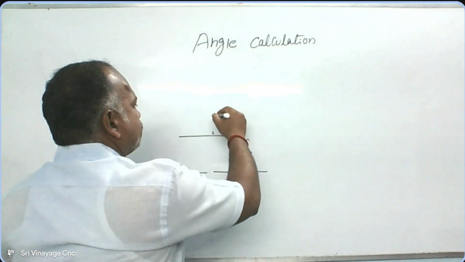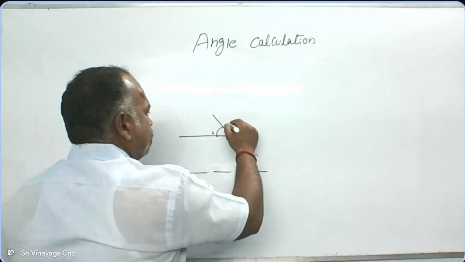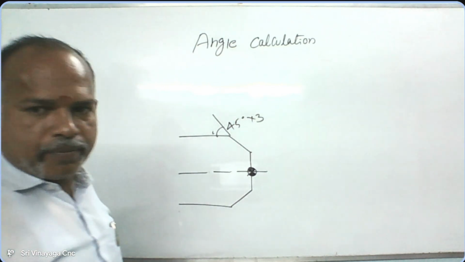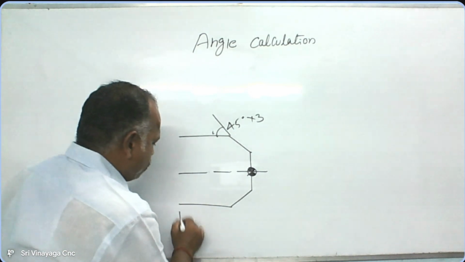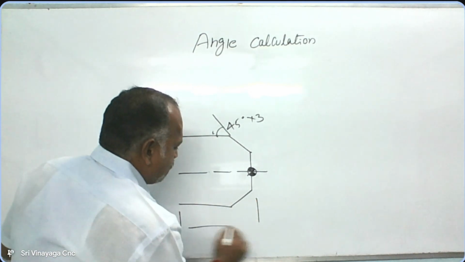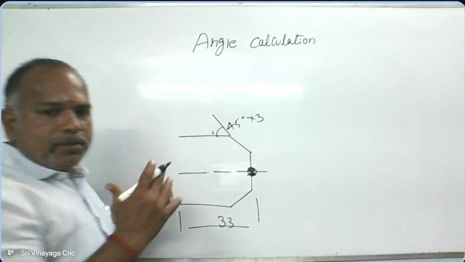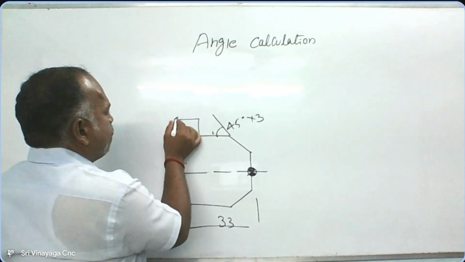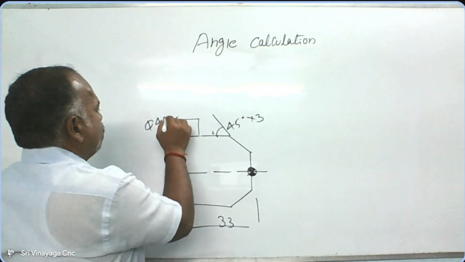they will give 45 degree into 3, the overall length 33, and then this diameter will be diameter 40.